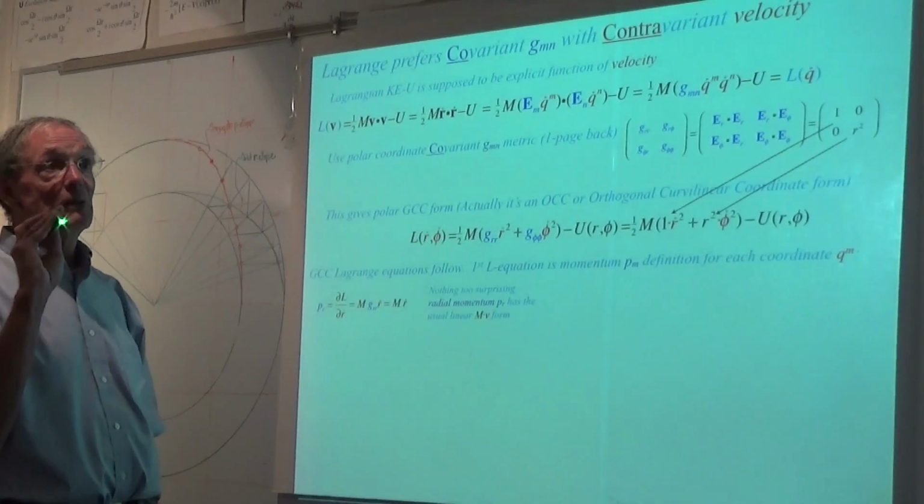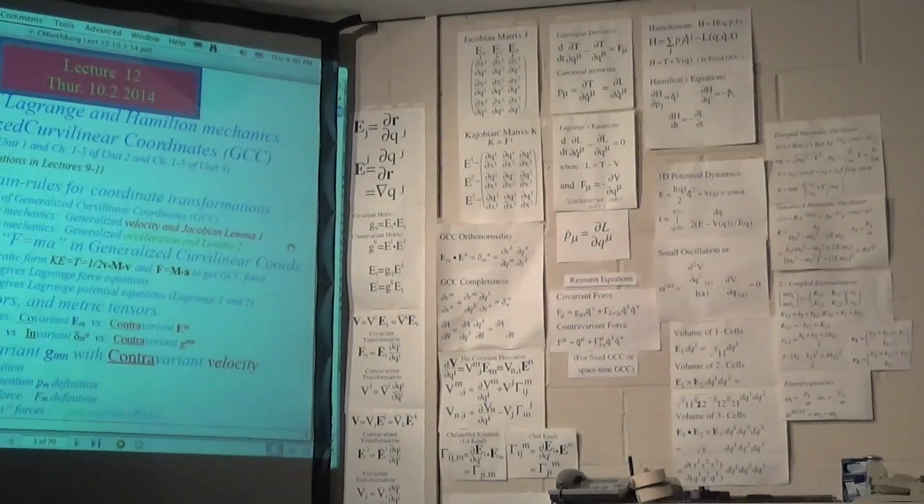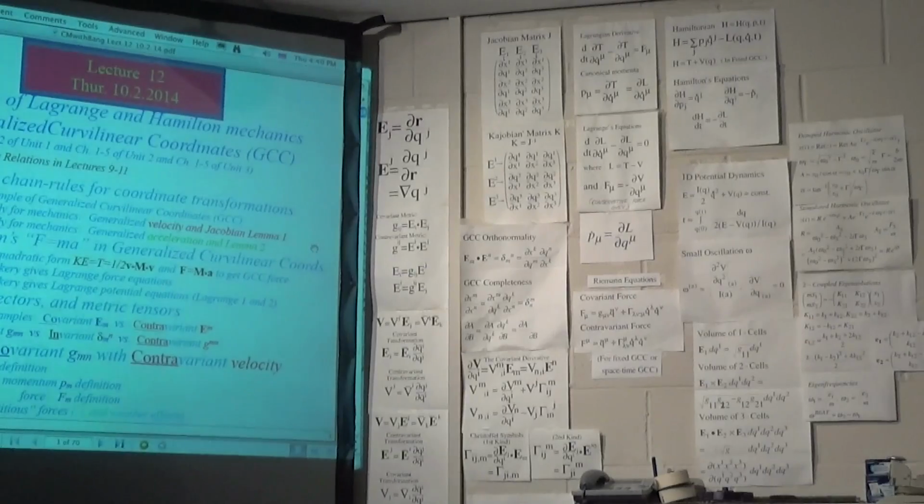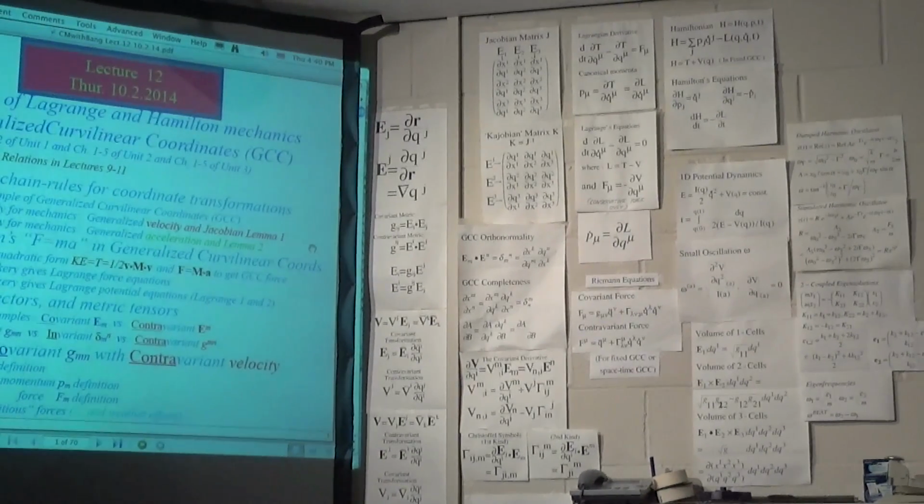The definition up here on the wall says that should give me a p sub mu if I do a partial Lagrangian with respect to q dot. That's what we've got, partial L with respect to r dot. So we're just using this definition of canonical momentum, the first Lagrange equation that we derived before we even knew anything about GCC or stuff like that.